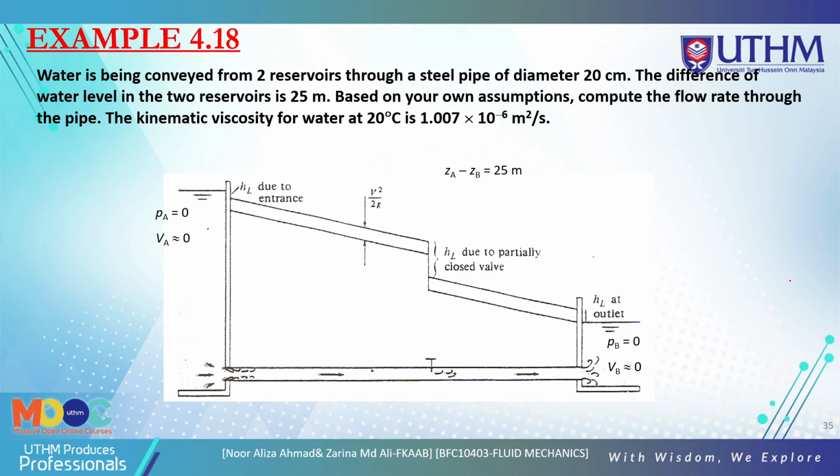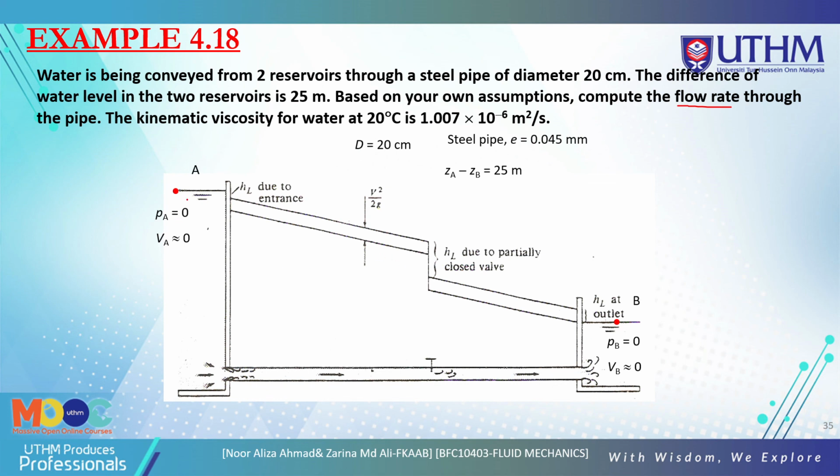Now we look at example 4.18 here. This is also the same as the previous example, to get the flow rate from the reservoir through the steel pipe to the reservoir here.